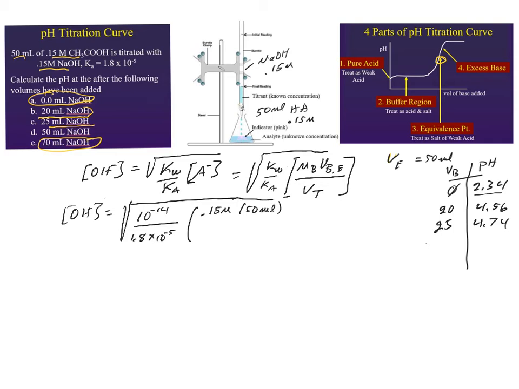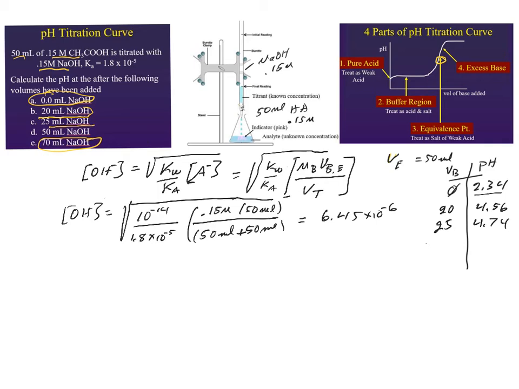That's where we are right now. And we added it to 50 mils of acetic acid, so we have 100 mils total in the flask. And when we do this, we get 6.45 times 10 to the minus 6.